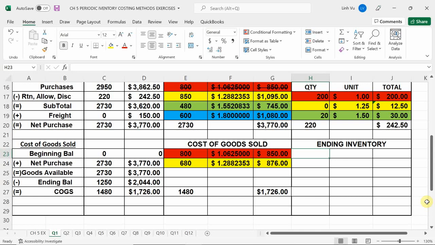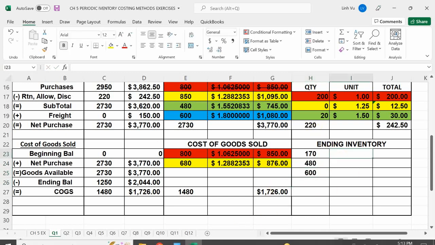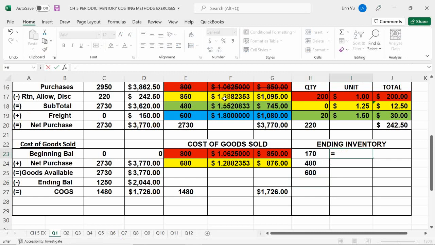I had 850 units and I sold 680, so I should have a total of 170 units left. And I still have my green batch and I still have my blue batch. So again, I'm going to copy the information over into this worksheet here.